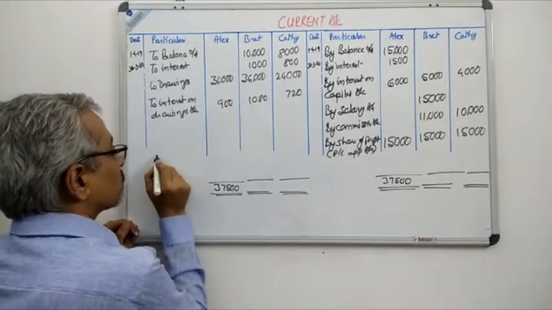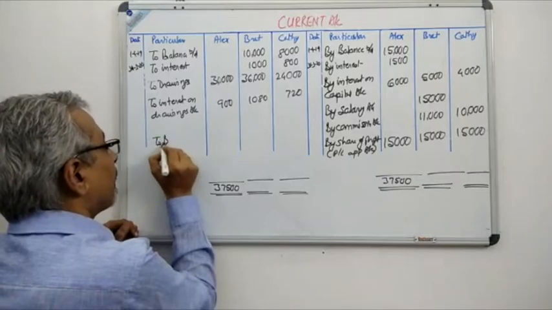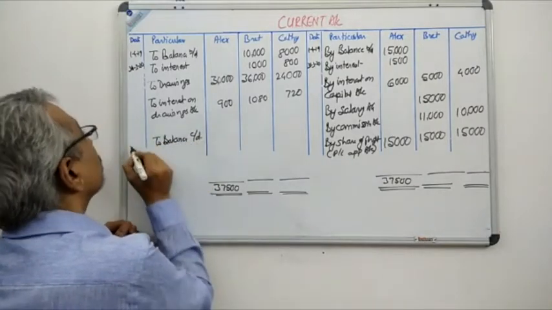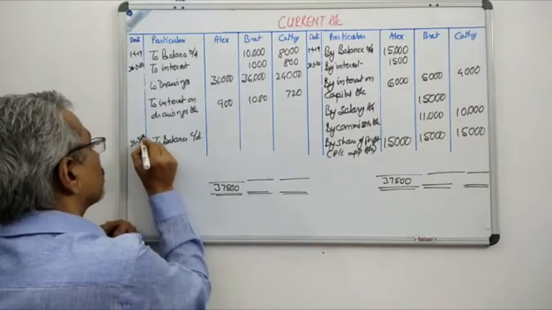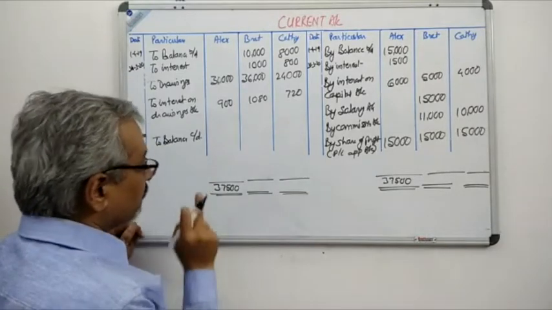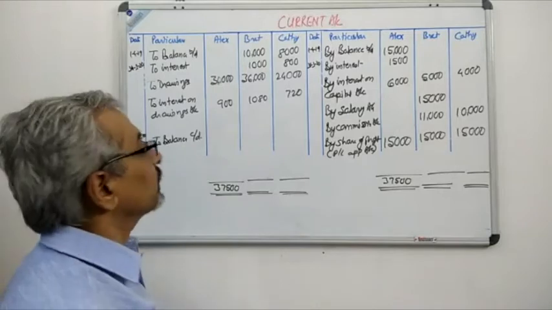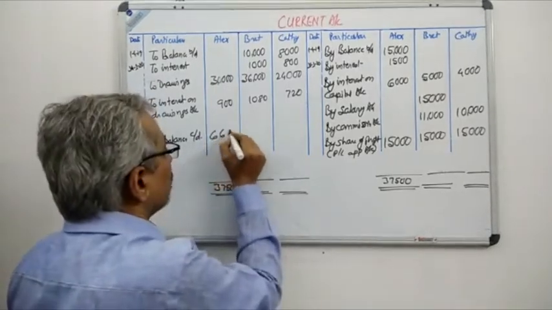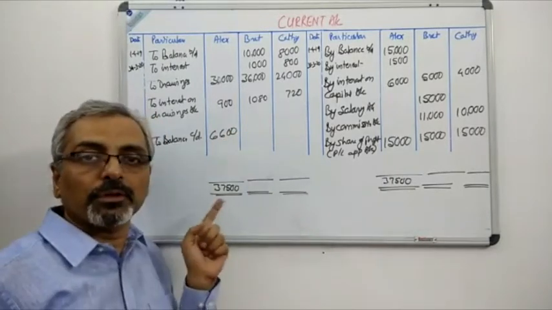So we'll have a balance over here. So, balance carried down. What is the date? 31st March 2020. 37,500 minus 30,000 minus 900 gives us a figure of 6,600. So therefore there is a balance of 6,600 over here.